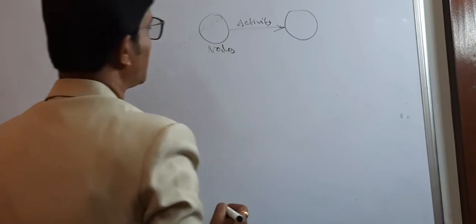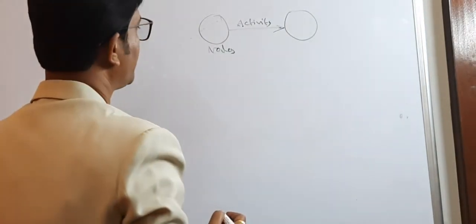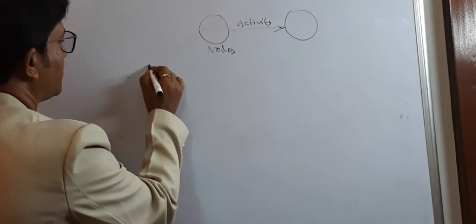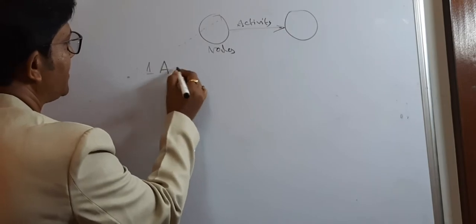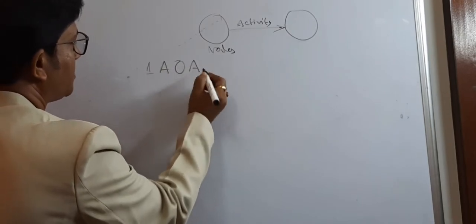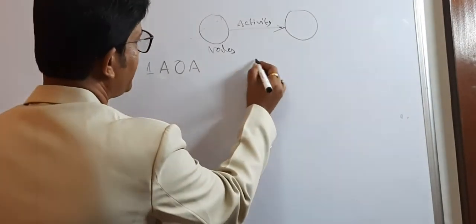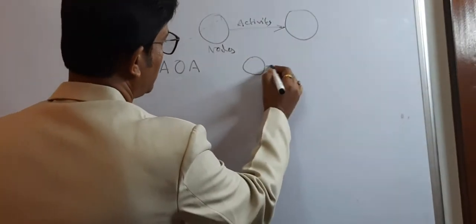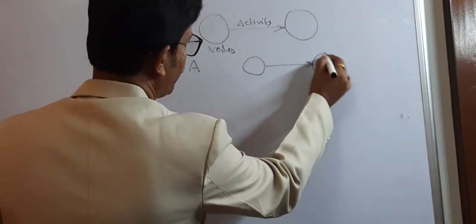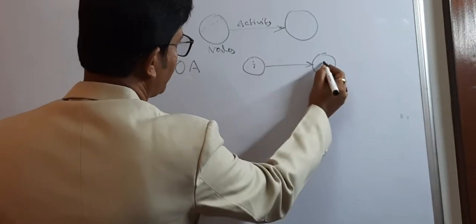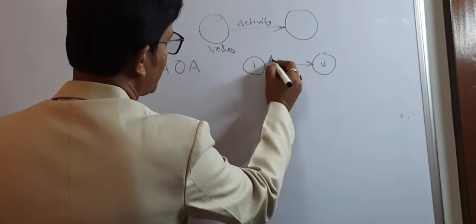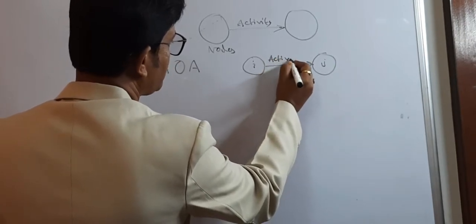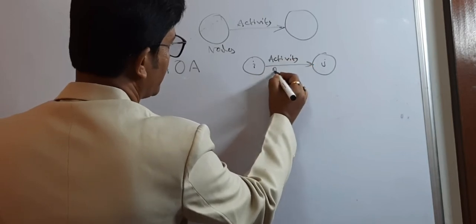Now the various network diagramming methods are: number one is known as the AOA, that is called the activity on arrow. This is I, this is J, this is activity, and this is duration.